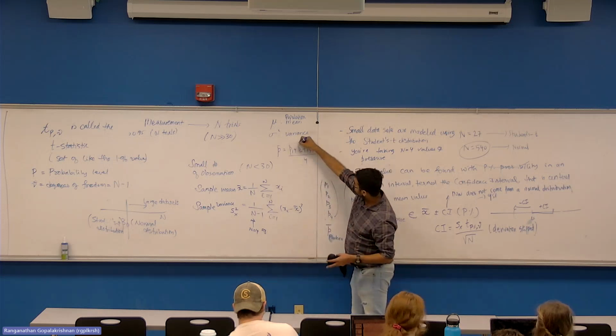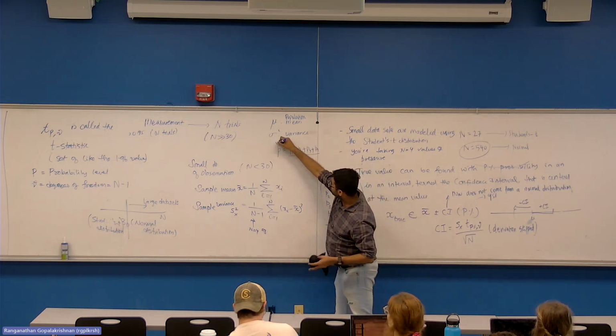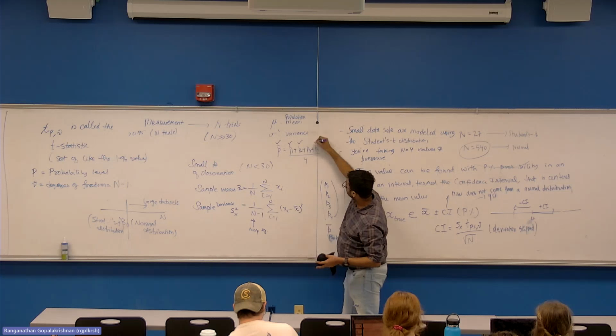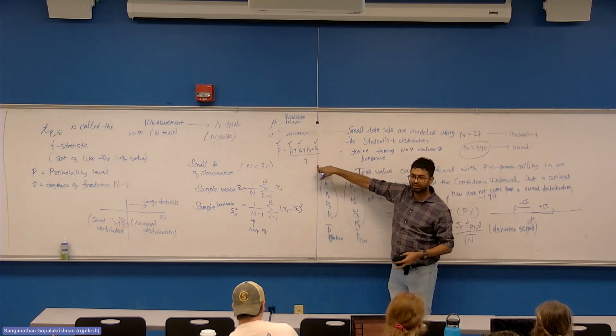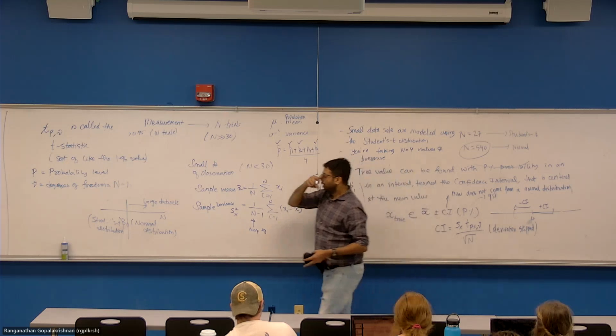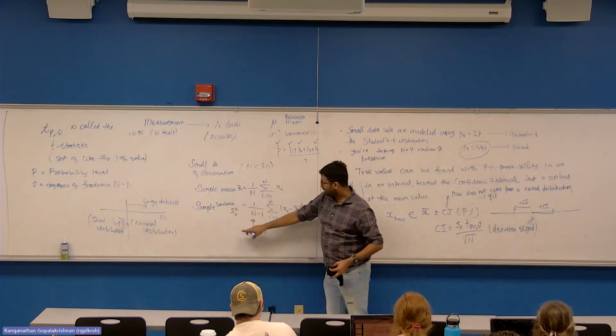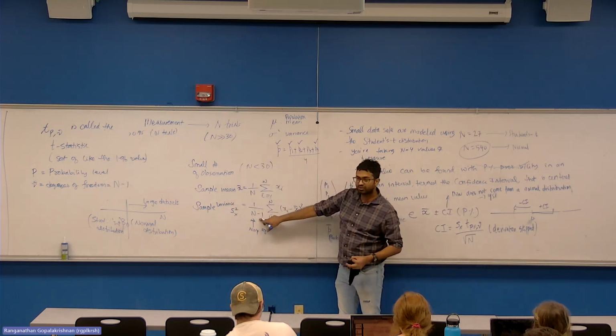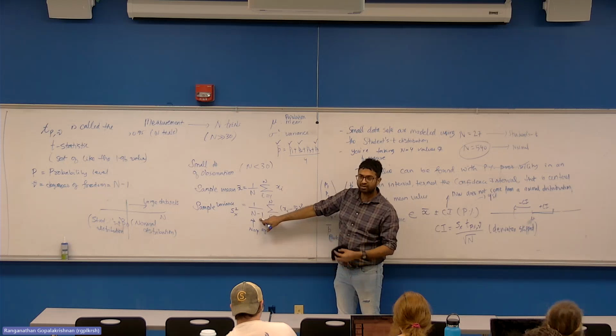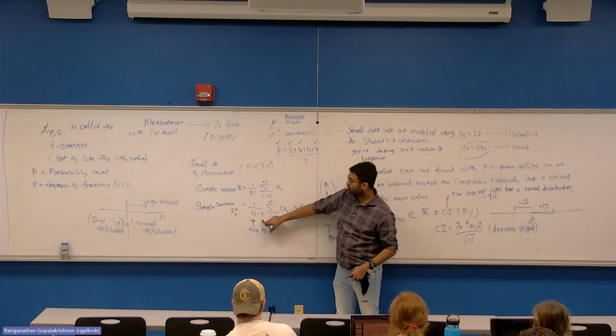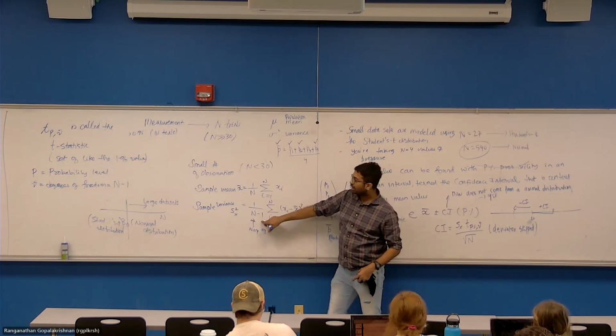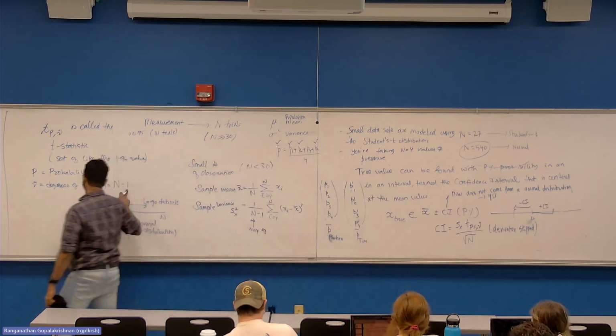I can specify P1, P2, P3, P4, or I can specify P bar, P1, P2, and P4, which means P3 can come from this equation. So when you go to sample variance, the number of independent observations is not n anymore. It's now 1 less than n. That's why we put n minus 1. And that is why this n minus 1 appears here.